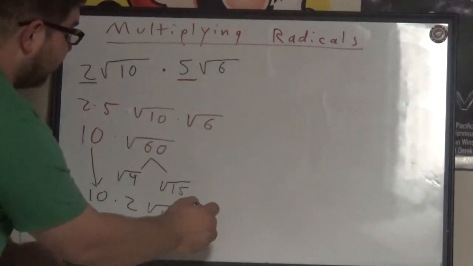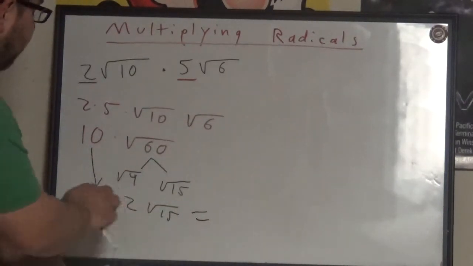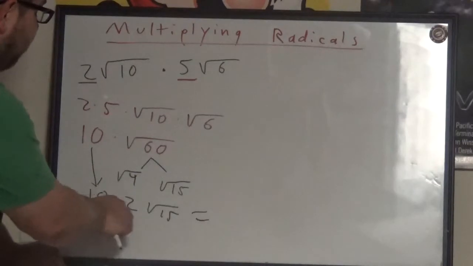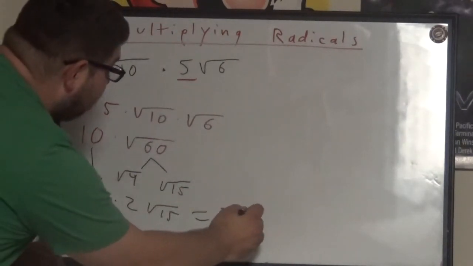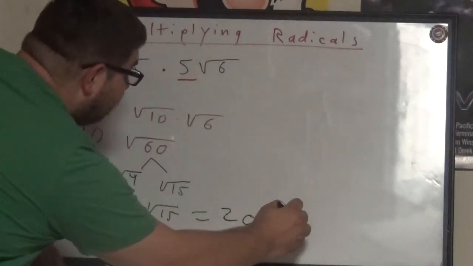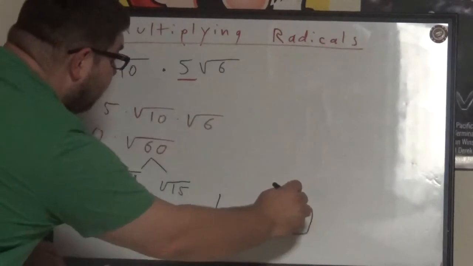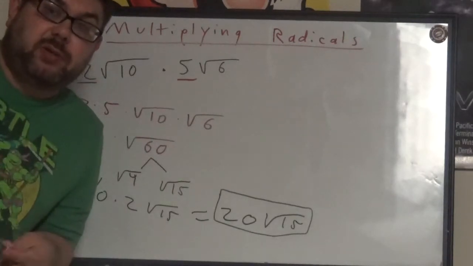I'm going to write the answer out here because I have all this nice blank white space. We're going to take the 10 times 2 and get 20 root 15, and then we're finished, and that is the final answer.